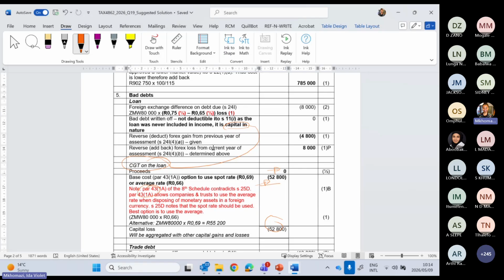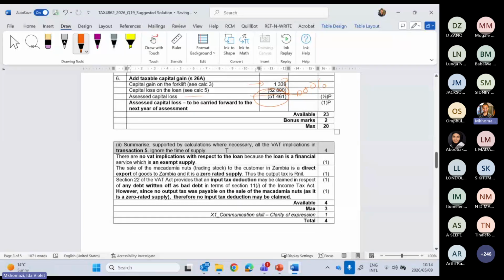If you looked at the question, they told us that in the previous year, there was a foreign exchange gain that was recognized. So since we are saying 24I4 is applicable, you would need to reverse out that 4.8. And that's what we have here. And also in the current year, you would reverse the loss by adding it back. So that's the income tax side of it.